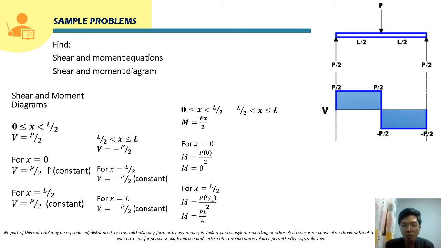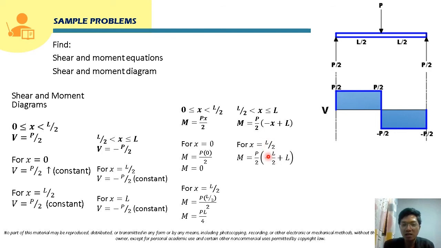Now for the moment at the second segment, so this is for distance x from L over 2 to L. For this segment, the moment equation is P over 2 times negative x plus L. So for x equal to L over 2, we substitute L over 2 into the variable x.